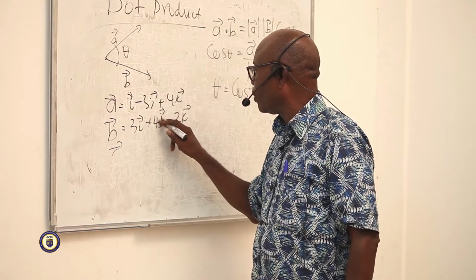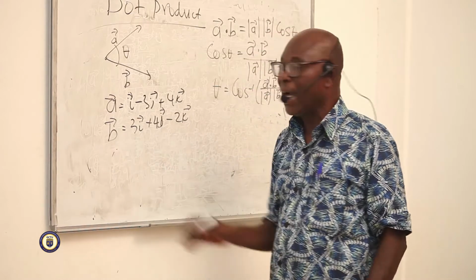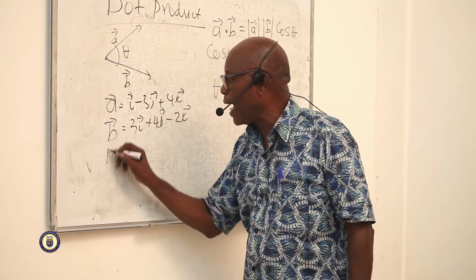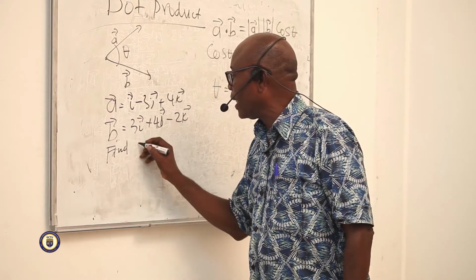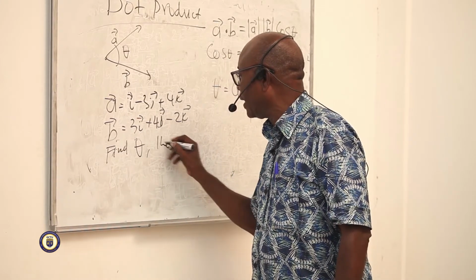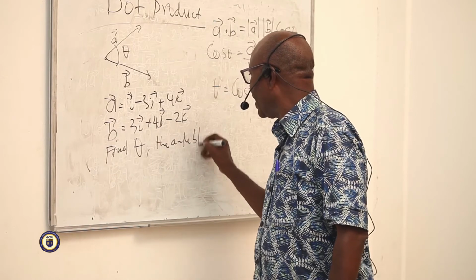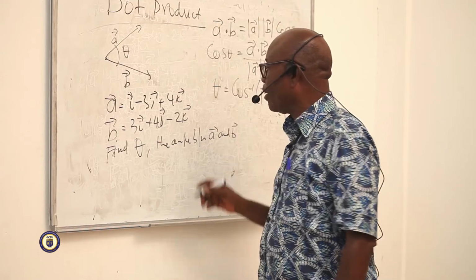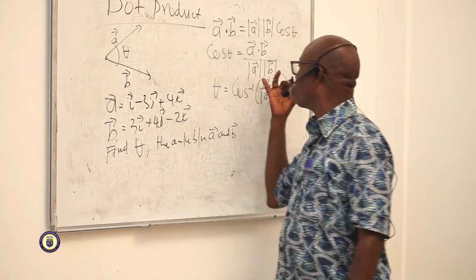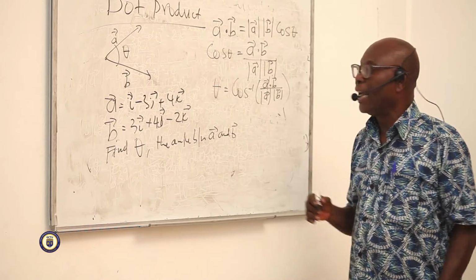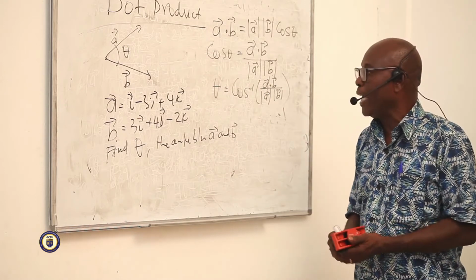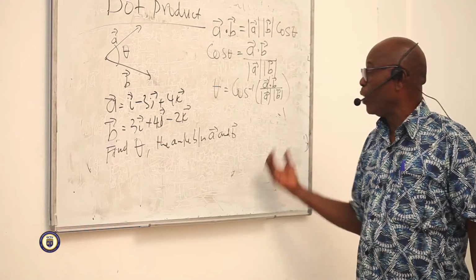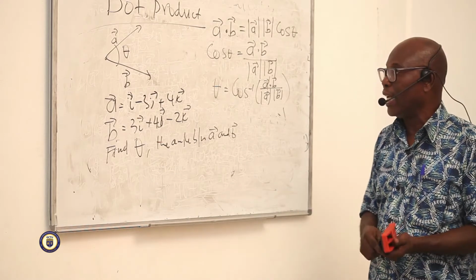If we are out to find theta, the angle between vectors A and B, you have to find the dot product of A and B, find the magnitude of A and find the magnitude of B, which we can all find from the previous lecture.